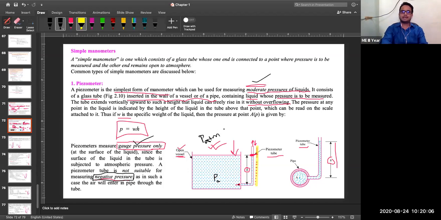So for this case, if we have negative pressure, then PA will be less than PATM.